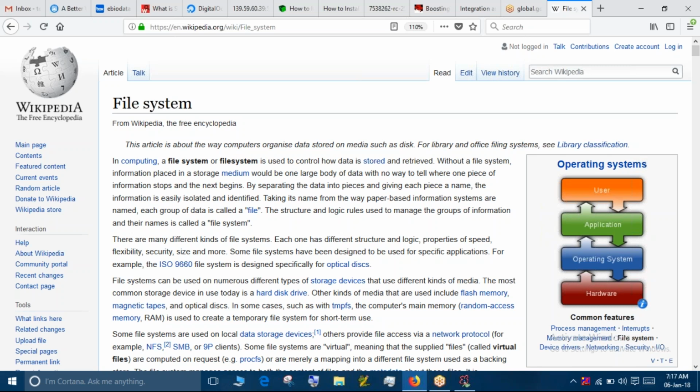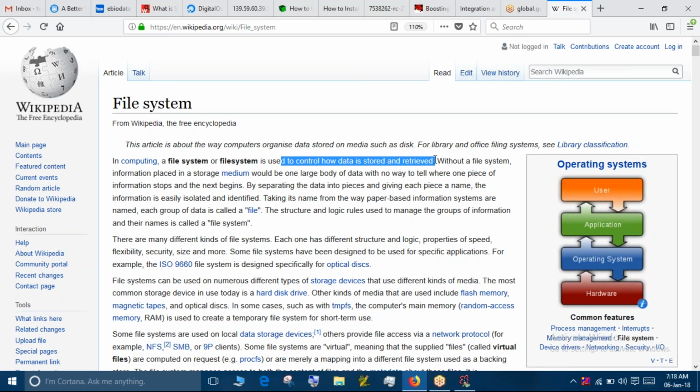Yeah. So if you see, according to Wikipedia, a file system is used to control how data is stored and retrieved.